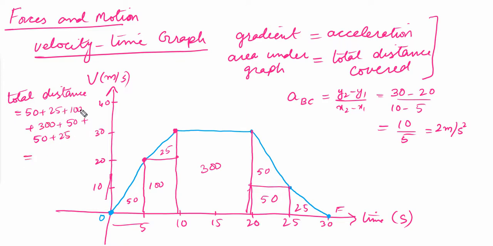So it will become 400, 500 and 600. So 600 meters is the total distance that this object will cover in order to move from point A to point F. So this is how you can measure the area under the graph, and with the help of that you can say that this is the total distance that the object will cover.